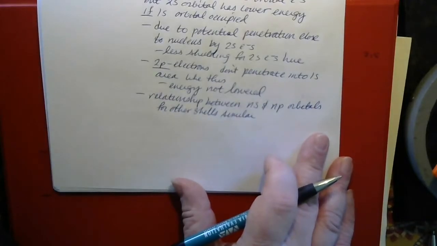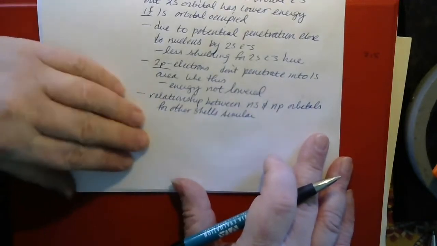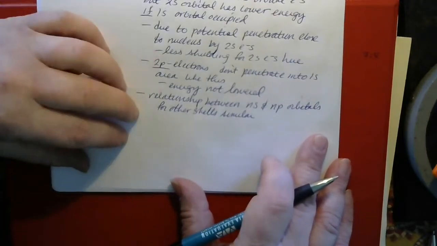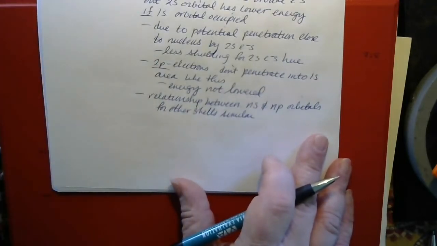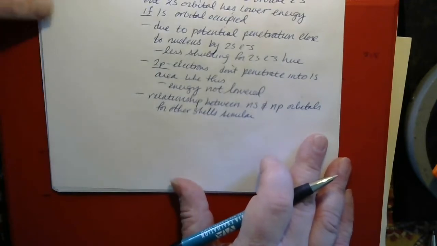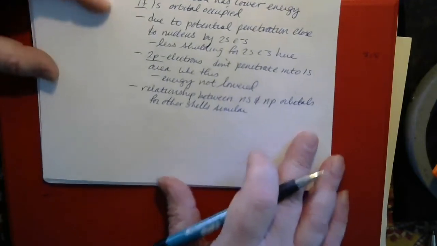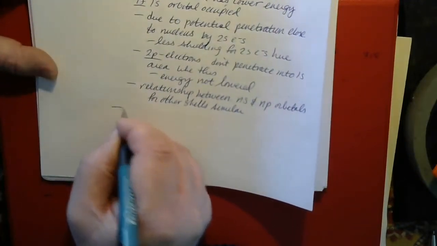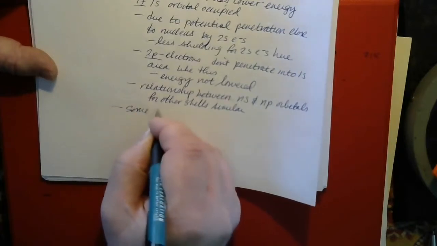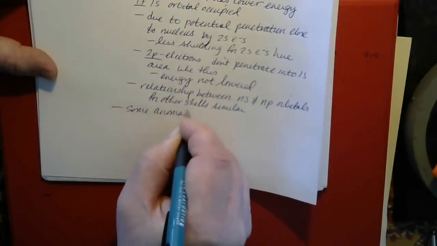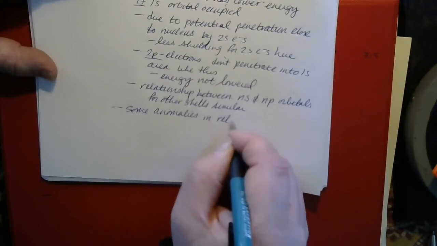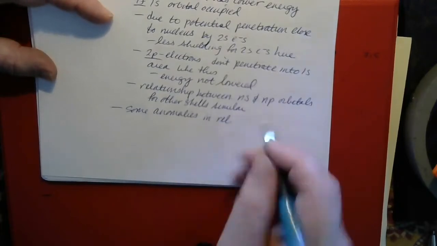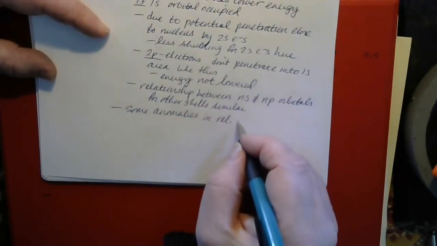And the d orbitals penetrate less than the s and p orbitals, so their energy would be higher than s and p. And it's because of lack of relative penetration. Also because of this, there are some anomalies in the relative energies of orbitals.